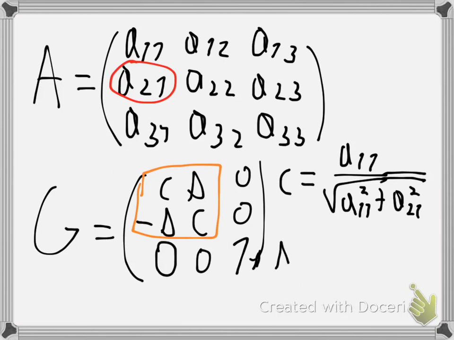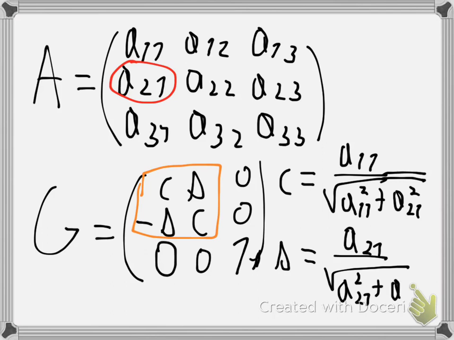And the sine is given by the element you want to eliminate over the square root of this element squared and the top element. So basically it's the inverse.